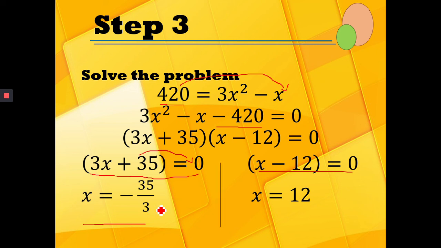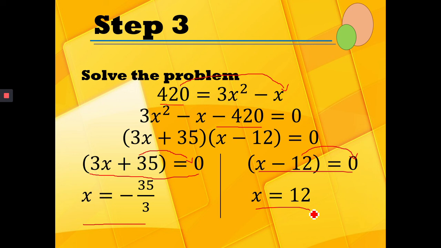Okay, and on the other side, x minus 12 is equal to 0. So ganun din, transpose nyo din sa kabila. So that will be 12 or positive kasi negative siya dito. So 12 plus 0 is 12. So the value of x is 12. Okay? So as you can see, dalawa po yung value natin ng x. We have negative 35 over 3 and then we have positive 12.